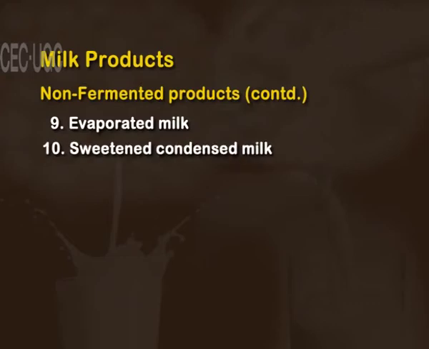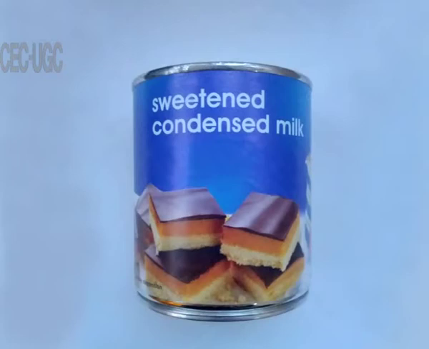Now another version of evaporated milk is what we call sweetened condensed milk. Now in this product we add sugar. This product to which sugar is added is not sterile because of the addition of sugar, but at the same time it has a longer preservative life because of the addition of a high concentration of sugar.